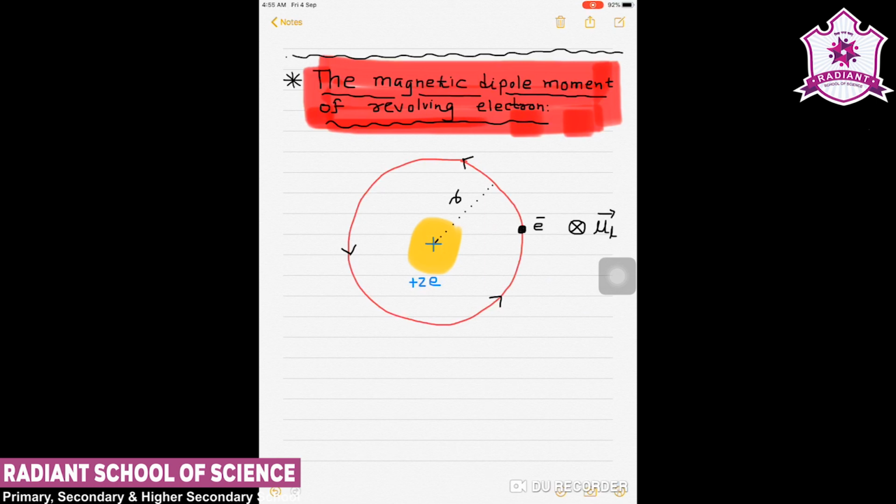It is very popular. Niels Bohr invented this model of the hydrogen atom, in which he considered that the electron, which is a negatively charged particle, revolves around a positively charged nucleus, much as planets revolve around the sun.